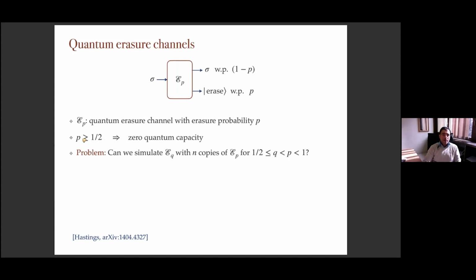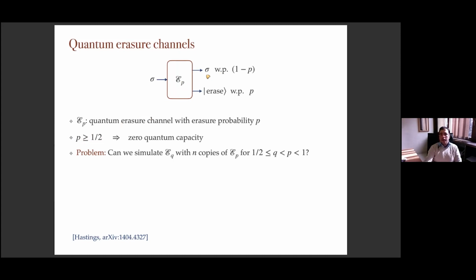Now the point is that if p is greater than 1/2, the quantum capacity of this channel would be 0. Why is it the case? Because of the no-cloning theorem. Think of p equal to 1/2. Then think of the output of the channel and the environment. The output of the channel with probability 1/2 would be erased, and with probability 1/2 would be just the input. And it's the same for the environment.